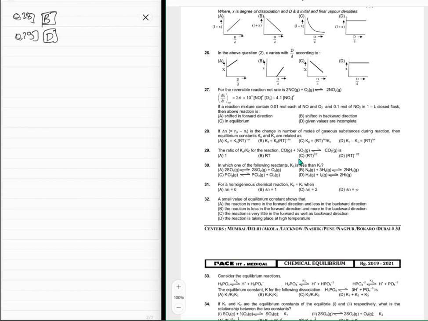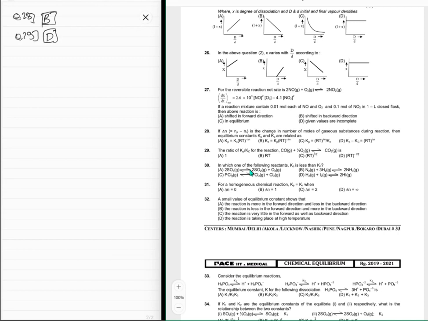In which one of the following reactions is Kp less than Kc? Does that make sense? I think these are at room temperature. In that case, RT is bigger than 1 if it's at room temperature. So Kp being less than Kc just means Kp upon Kc is less than 1.